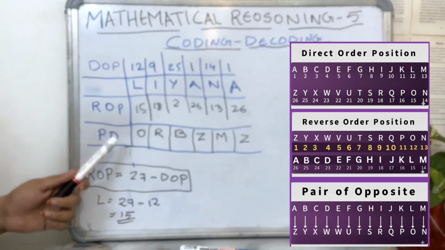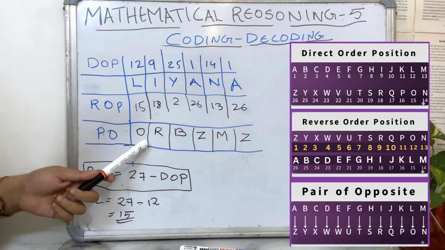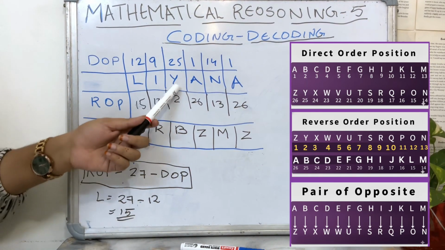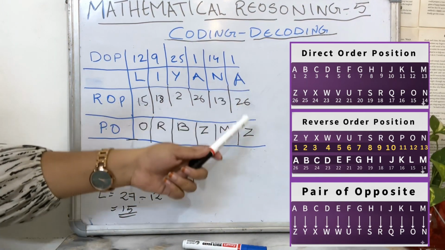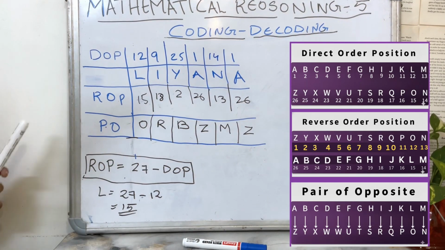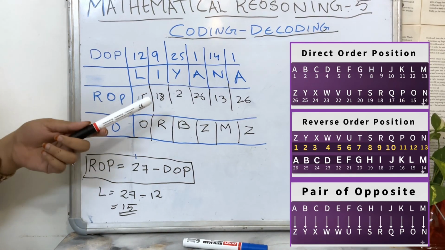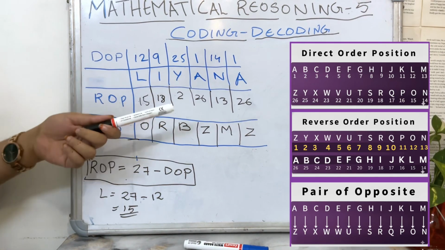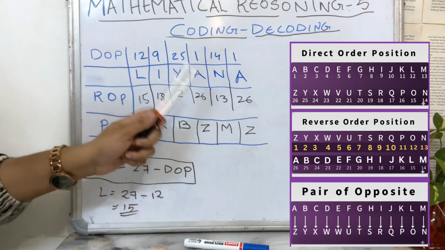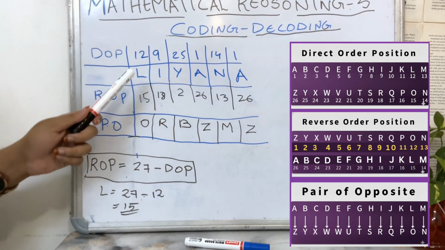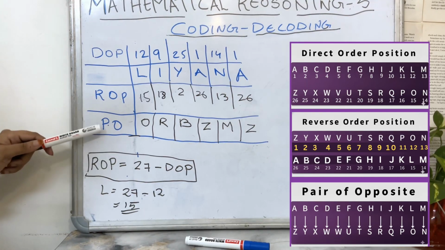Similarly, the pair of opposite. The opposite for L is O, then I is R, Y is B, A is Z, N is M and A is Z. So this is the pair of opposite. For better understanding, you can write your name, city, place or university, or any random words, and try finding the DOP, ROP and pair of opposite.